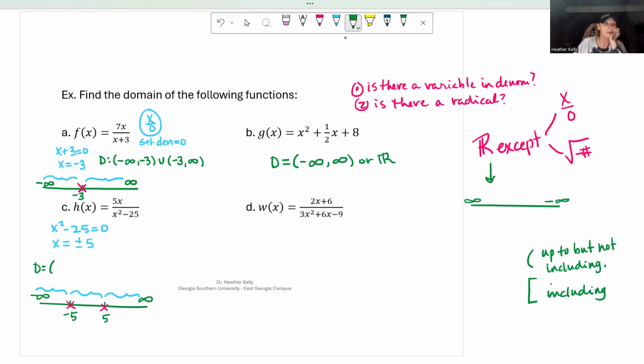So the smallest number is going to be negative infinity to negative 5. Parenthesis, because it can't be equal. Union, picking up again on just the other side of negative 5 to 5. And then picking up again from 5 to infinity.